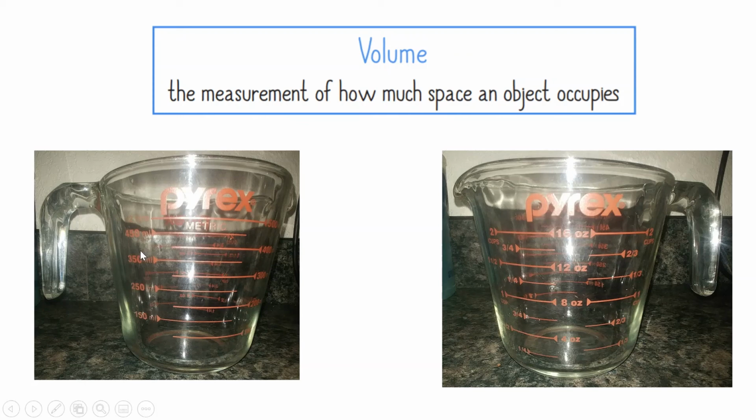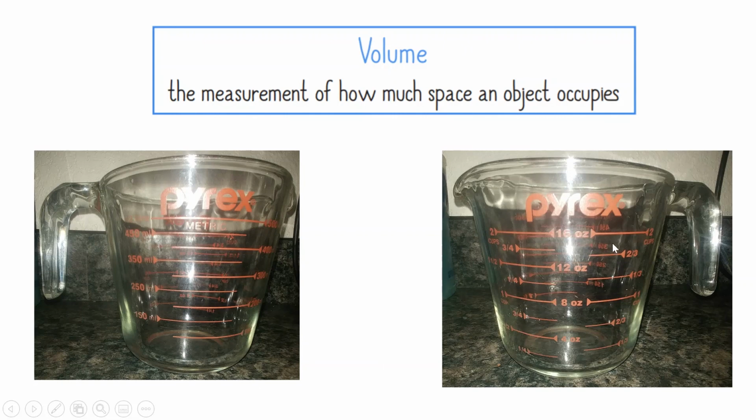So if you notice here, I have 2 pictures. I've got one picture of the view on this side of this glass liquid measuring cup, and a picture of it on this side. What is the difference? What are the different measurements here? The left side is in milliliters, and this is the metric system.